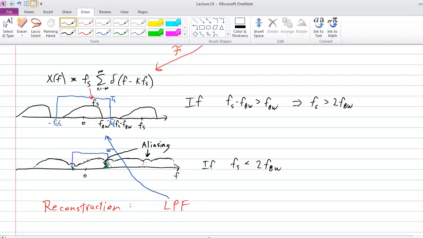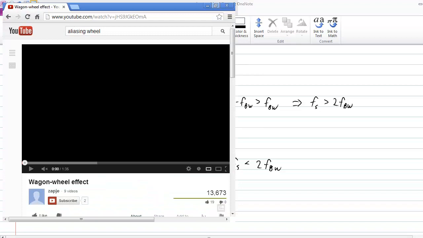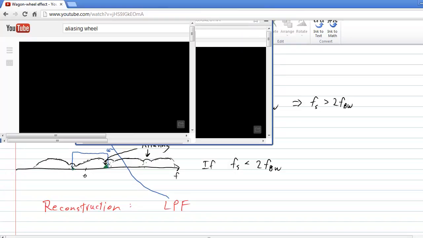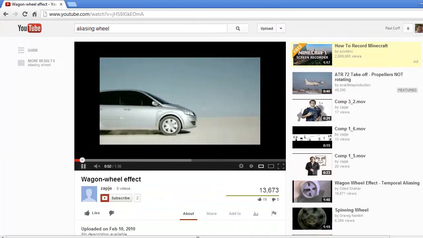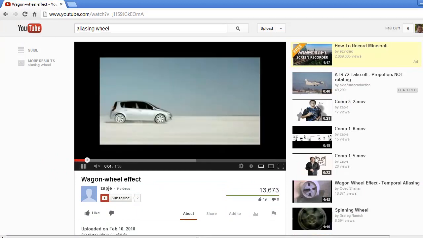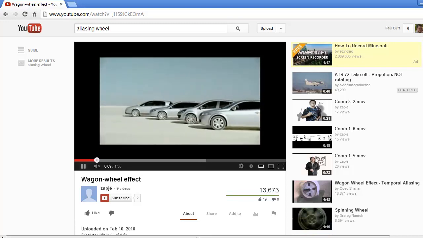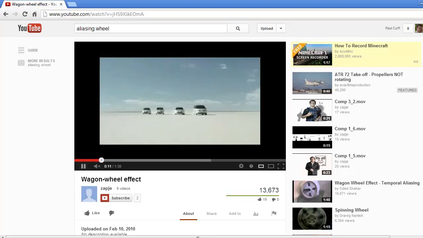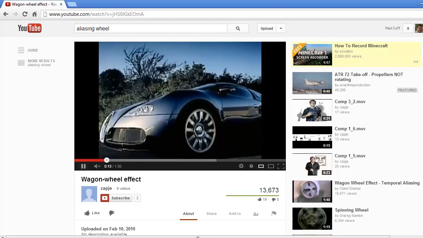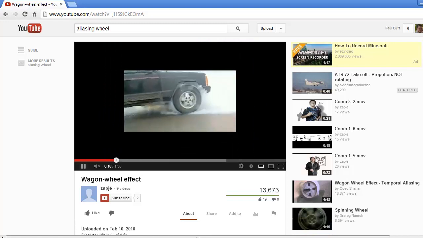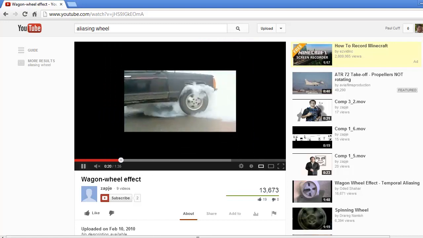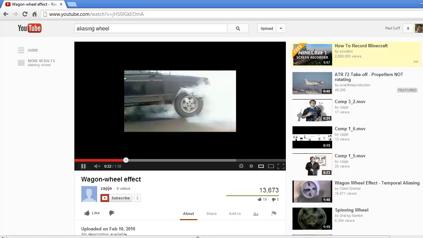I'll show you an example of aliasing that you're familiar with. So you've seen this effect. In a movie, you see a wheel going backwards. Right? This is exactly aliasing. What's happening is the frame rate of the video is not high enough.